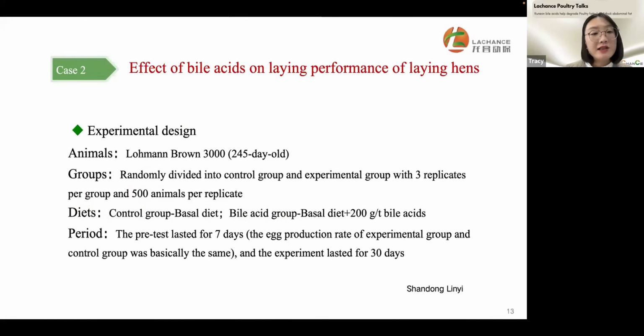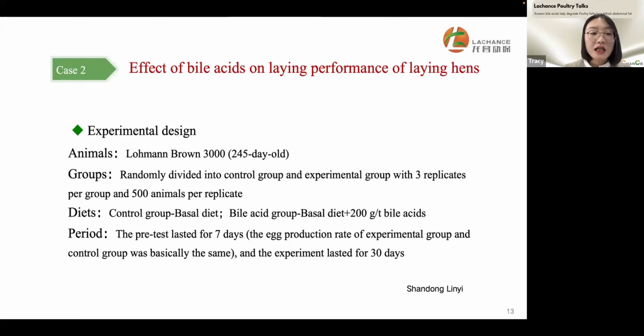There were 3,000 Lohmann Brown laying hens, 425-day-old. They were randomly divided into control group and experimental group with 3 replicates per group and 500 animals per replicate. In control group, the laying hens were fed basal diet, and in the experimental group, they were fed basal diet plus 200 gram per ton bile acids.